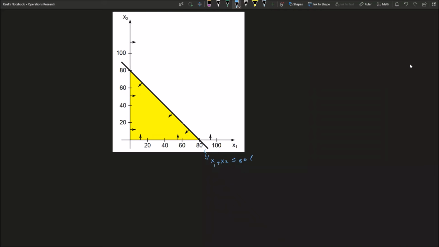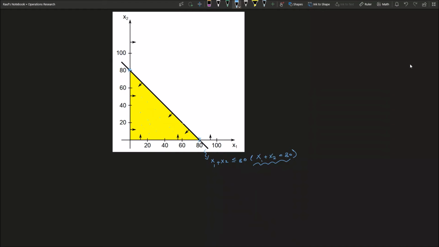As we mentioned in the previous lecture, you can assume this equation says x1 plus x2 equals 80, just for the sake of simplifying, and using simple mathematics, find the slope and the starting point and end point of your line, then you will have your line equation. So that line starts on the x-axis from this point and ends on the y-axis, which is x2 in this case, at this point. At this moment, the yellow region is our feasible region, but this is not our final feasible region. We will draw the other constraint lines and see how it goes.